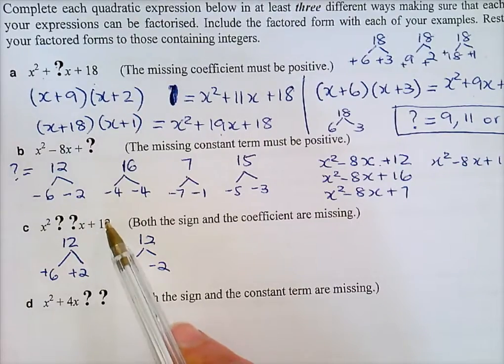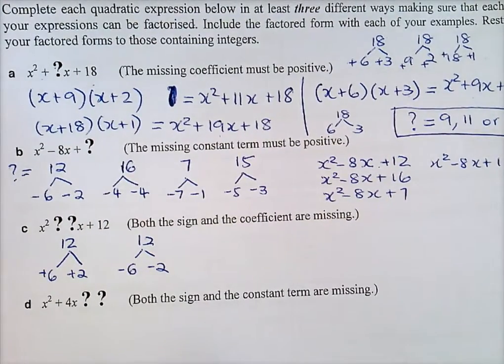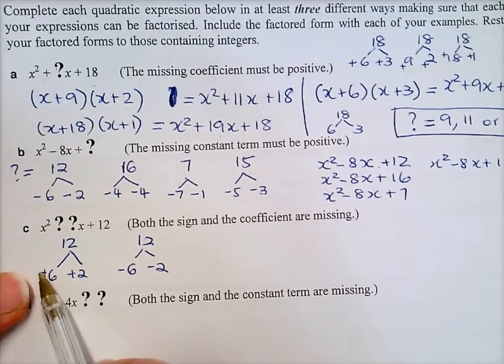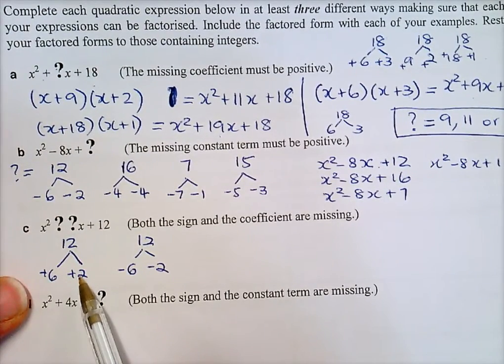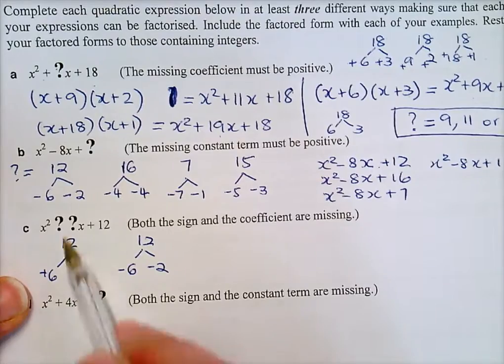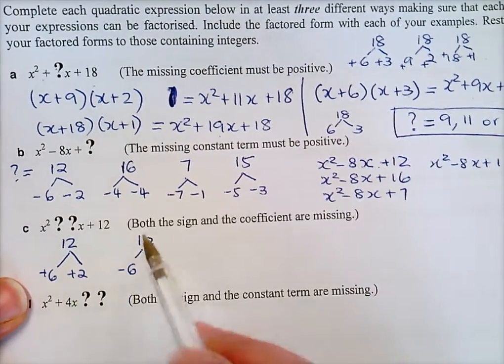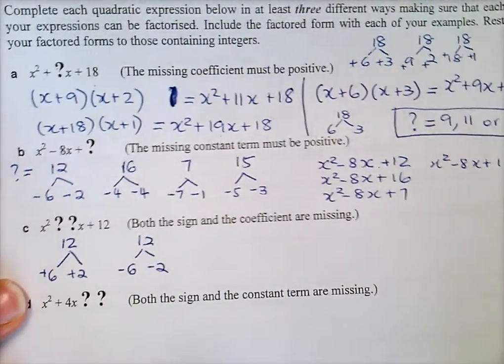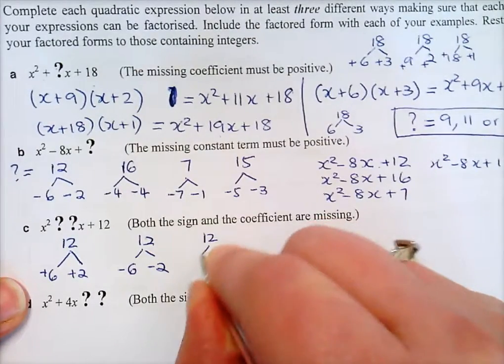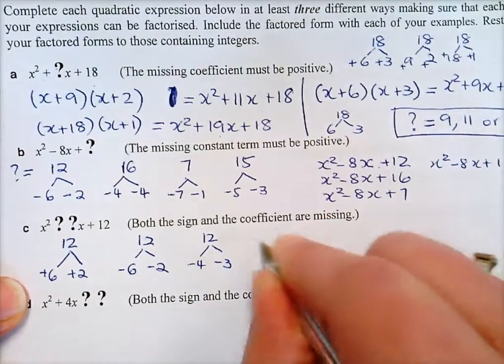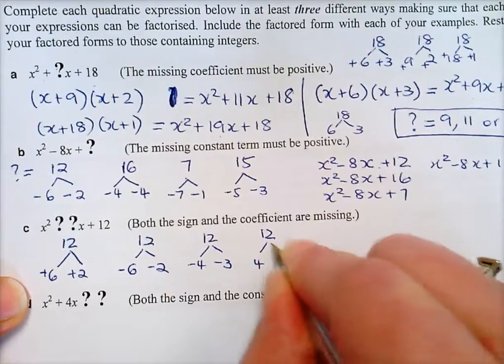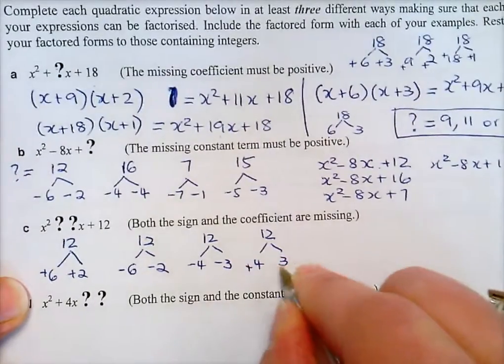Plus 12, I mean, I can get that plus 12 in 6 different ways. I could have done plus 6 times plus 2. 6 times 2 is 12. Or negative 6 times negative 2 is 12. What else could I have done? Negative 4, negative 3, or 4 and 3.